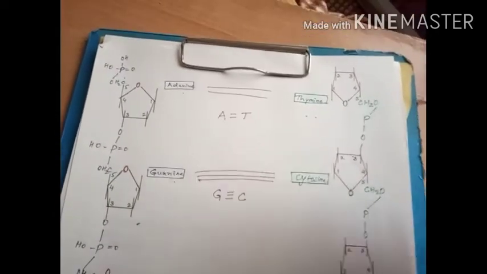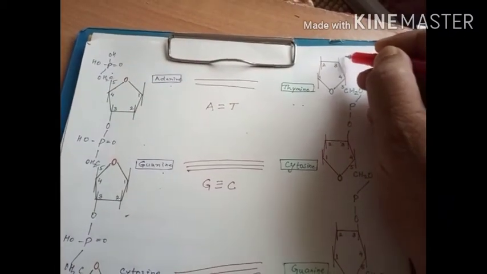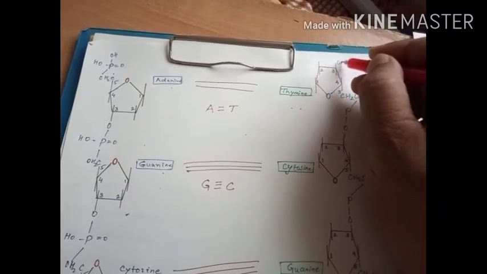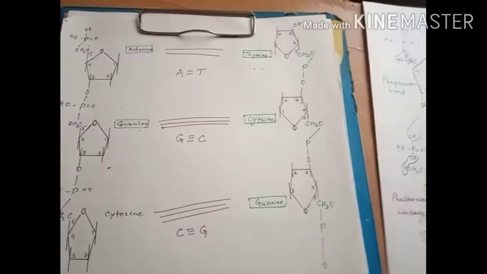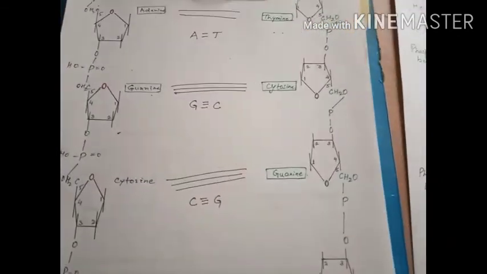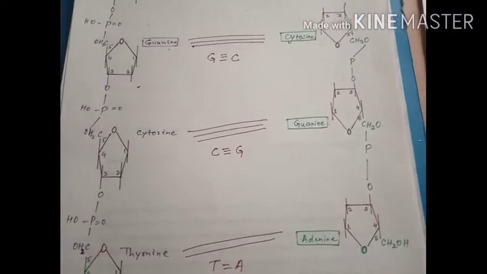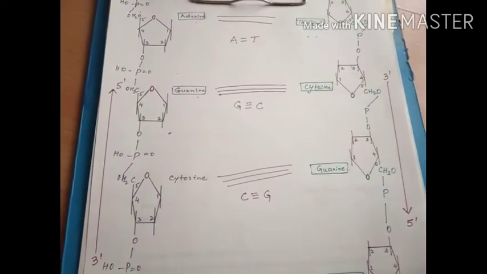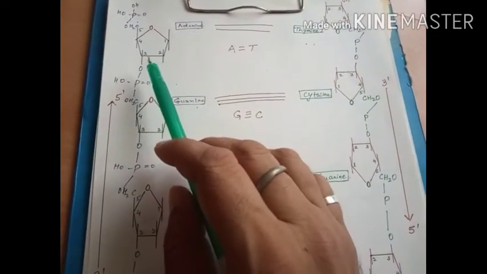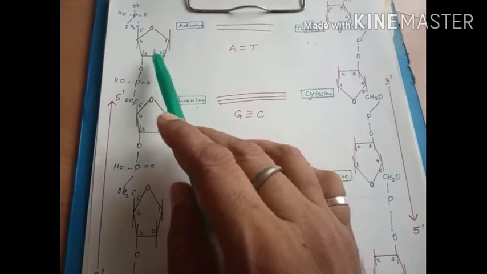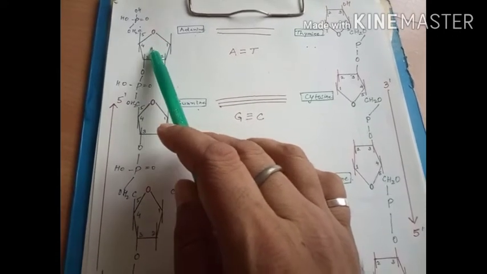For example, in this case, we may observe at the 3' end, it is the free end, and at the 5' end, it is showing the phosphoester linkage.